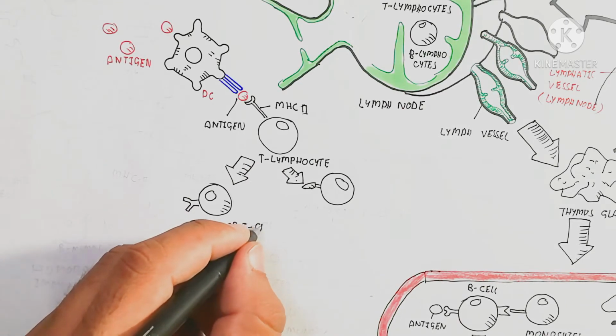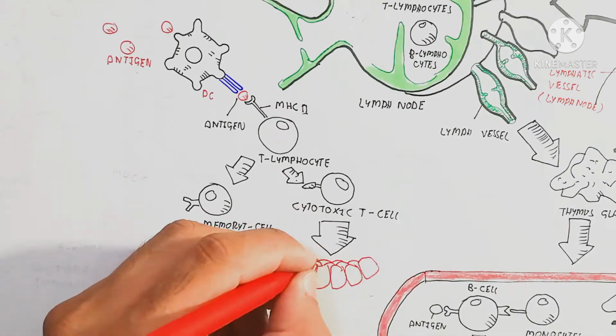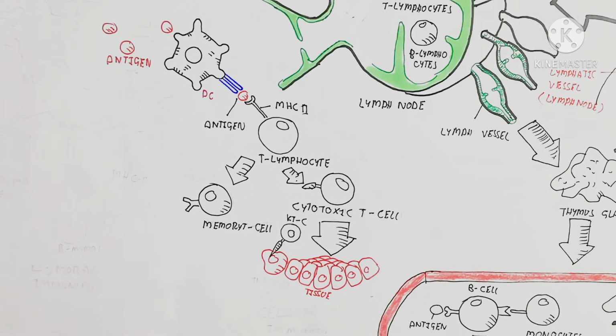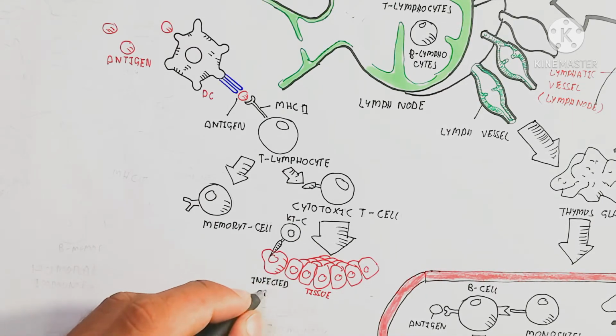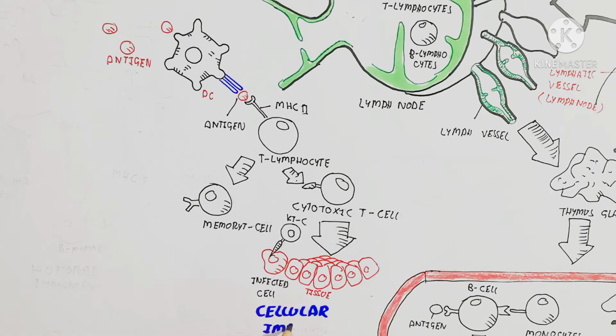That tissue contains a damaged cell which is virus infected, or some tumor producing cell, which is killed by the cytotoxic T cell. You can see this in this diagram. That is known as cellular immunity or cell mediated immunity, which is part of adaptive immunity.